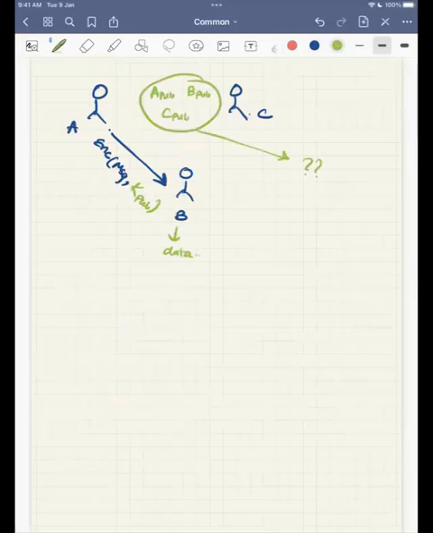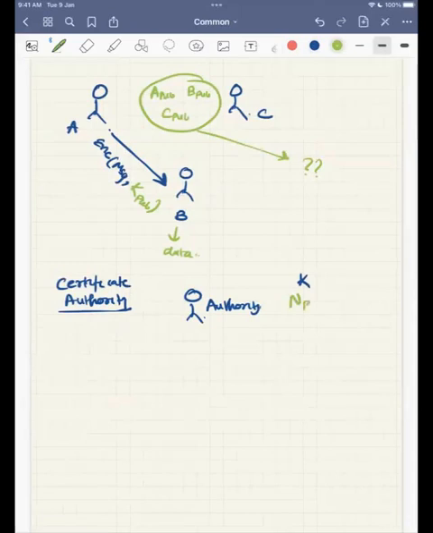That is why there came a concept of a third-party authority, which is also known as certificate authority. It acts as an authority. It has a key and it has a public key.